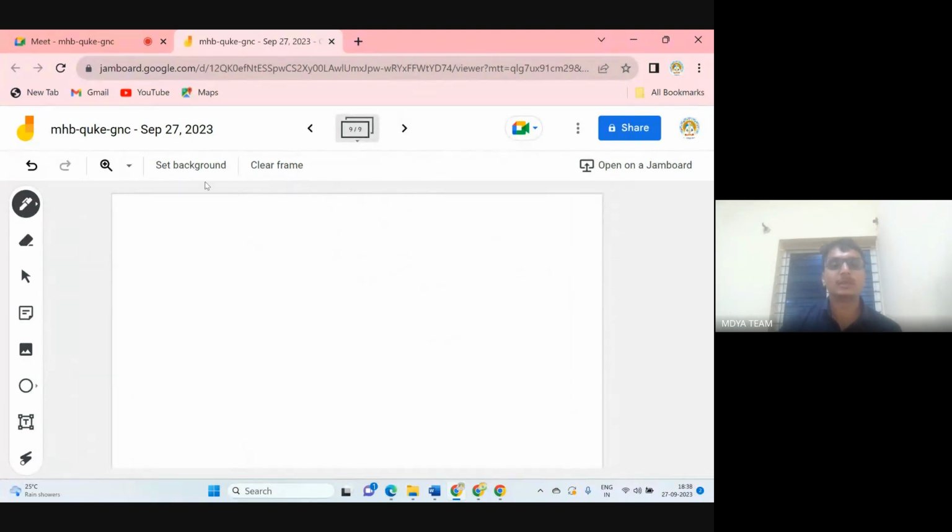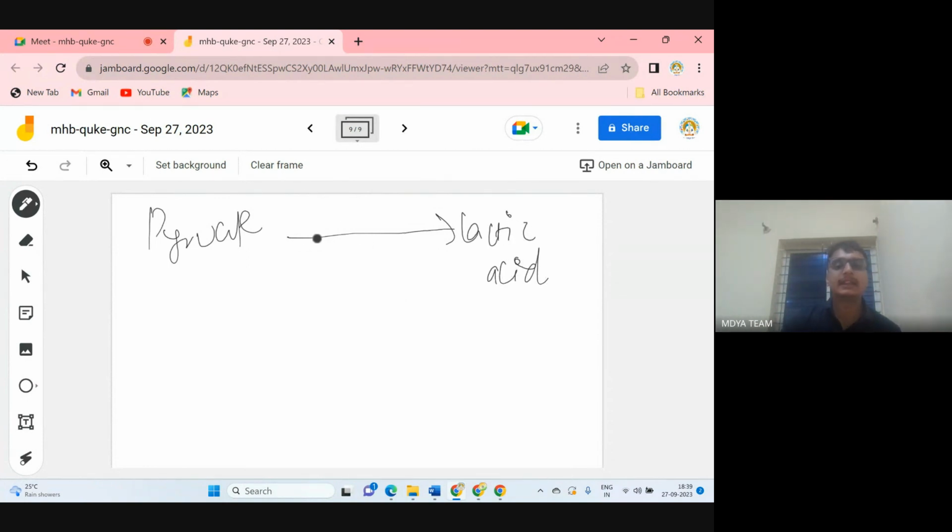What happens in humans? This pyruvate is converted into lactic acid. And in this process, 1 NADH is used. Similarly, what happens in microorganisms?